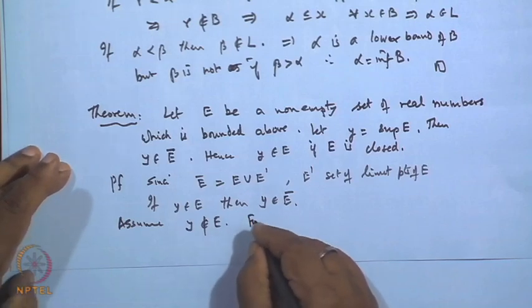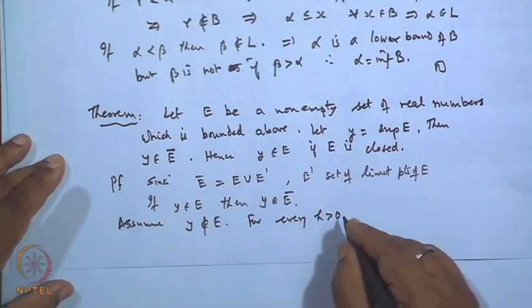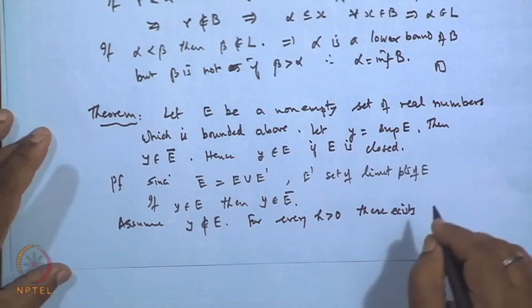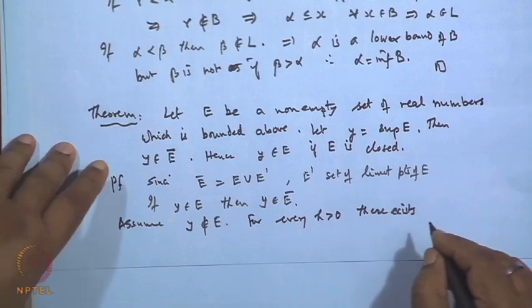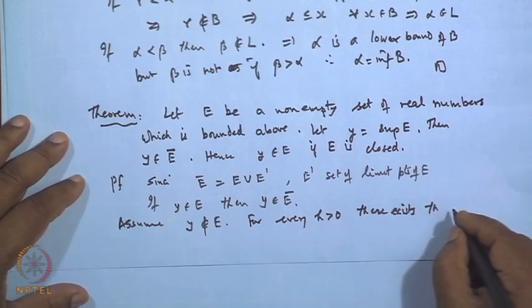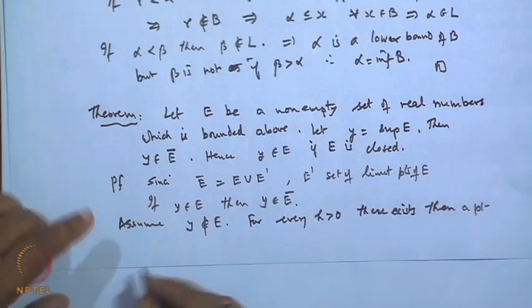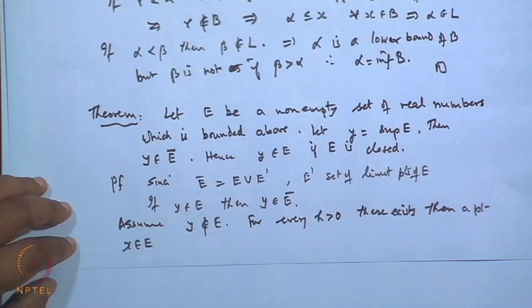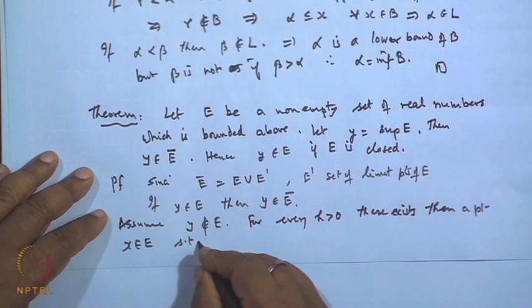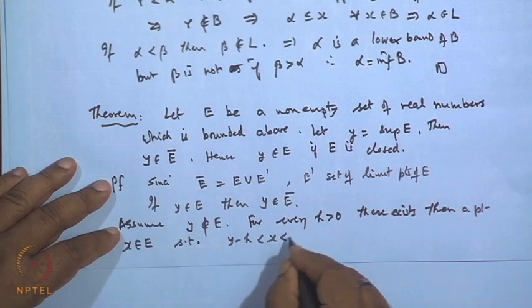So, let us see, for every h greater than 0, there exists a point x belonging to E such that y minus h is less than x less than y holds.